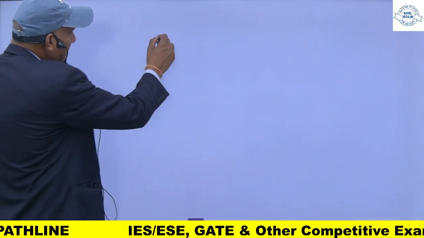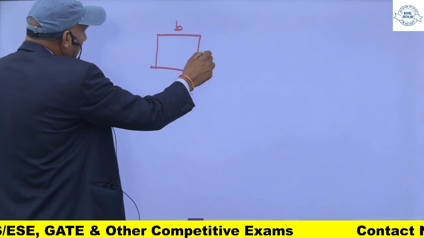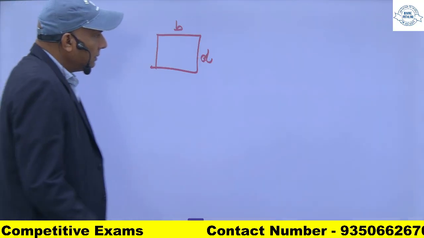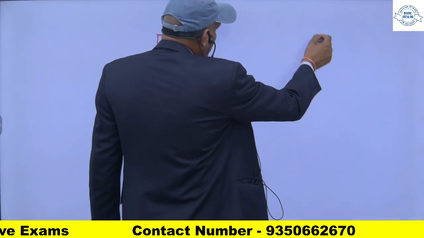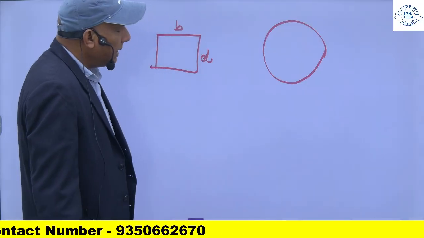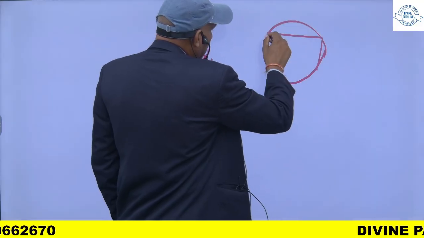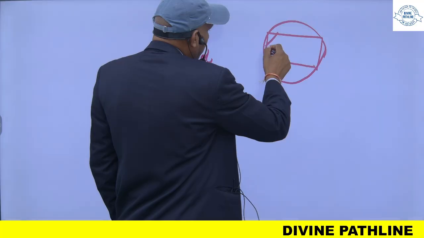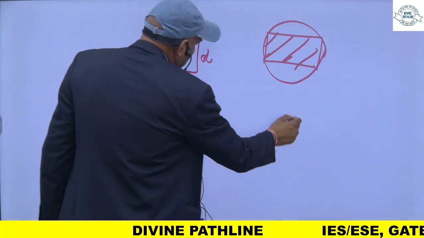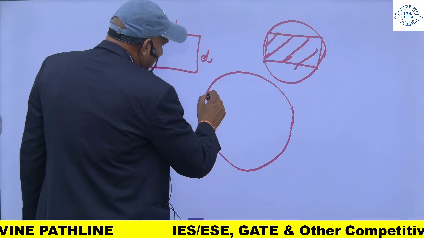So this beam is B and D, and this is the log of wood. I have to cut this from this one. The maximum cross-section which I can obtain from this will be this one. So if I make this diagram, it will be like this.